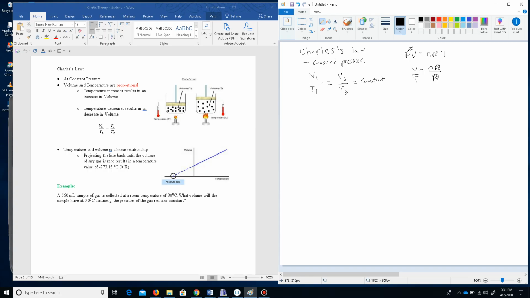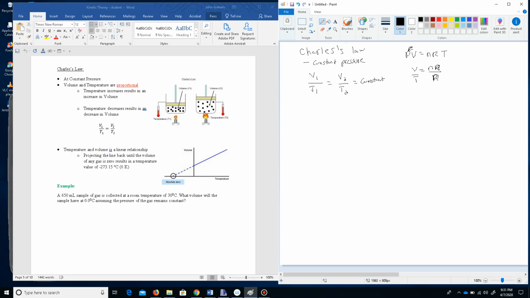Depending on what the moles is and what pressure you are at, will depend on what constant that is. The idea with this is you have another piston here. You have a volume inside, but you're going to force the pressure to stay the same. You start to heat this up, so you add more heat. The pressure is the same, so the volume has to increase out.